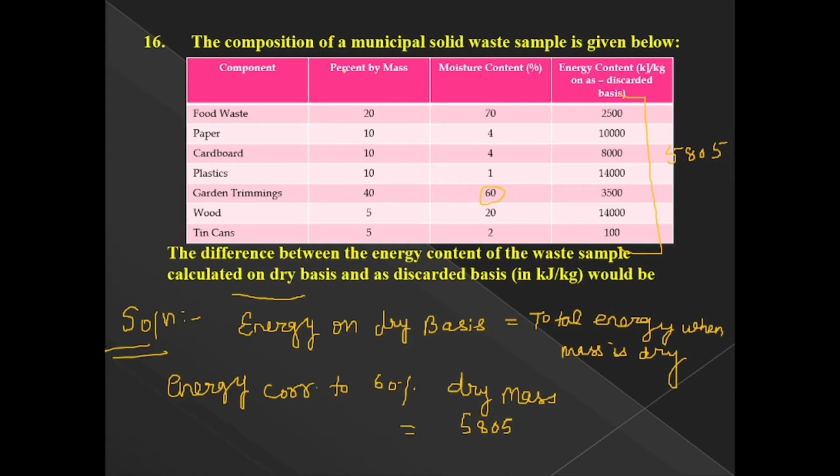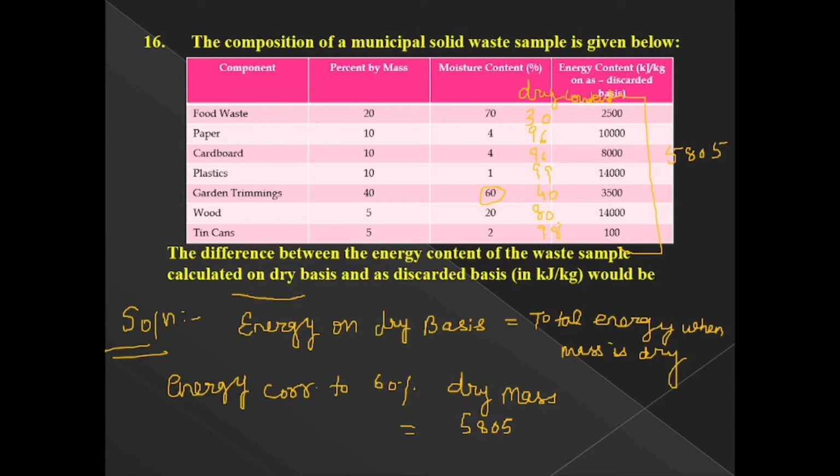The percentage by mass is given and moisture content is given. So dry content is calculated here in this table. From here you can easily calculate dry content: 100 minus 70, that is 30, 100 minus 20, that is 80, 100 minus 2, that is 98. That is the dry content.